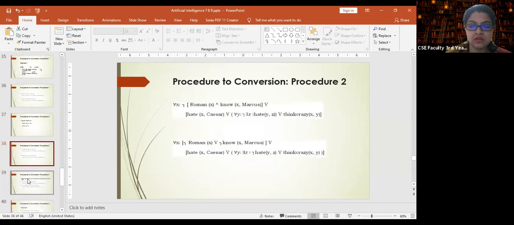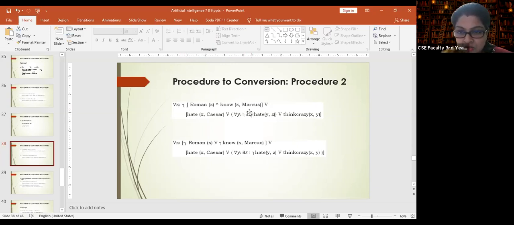Here we can see that after removing the implication sign, one and sign is there. Our target is to remove the and sign. This and sign comes here, and before it one not sign is there.